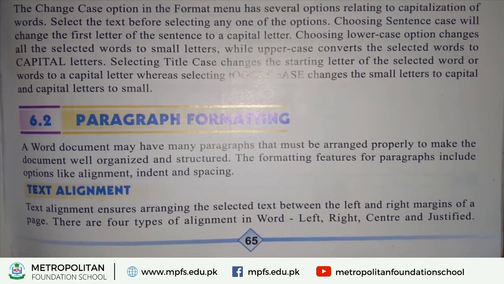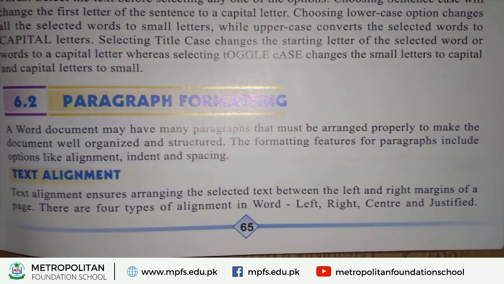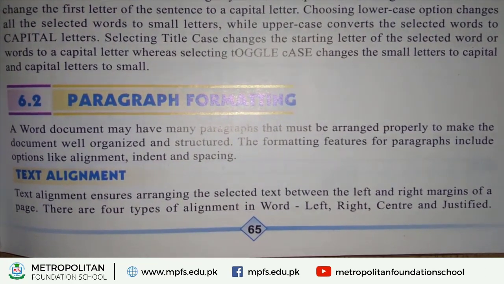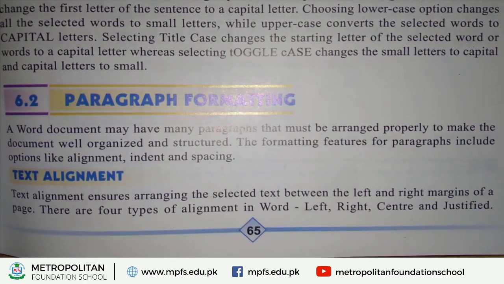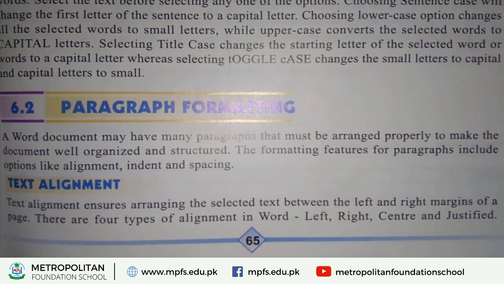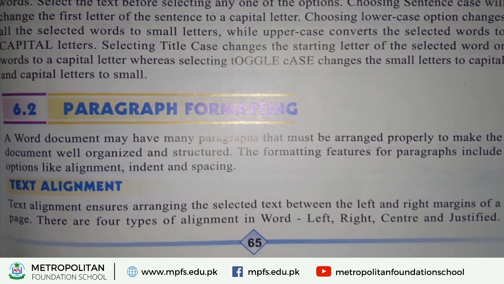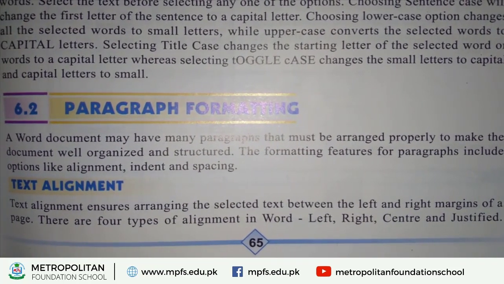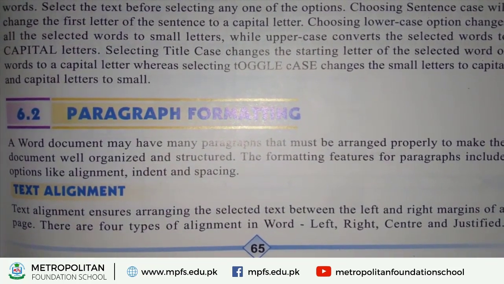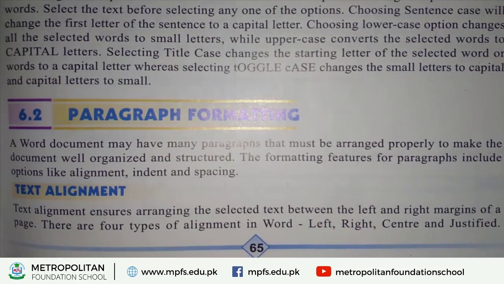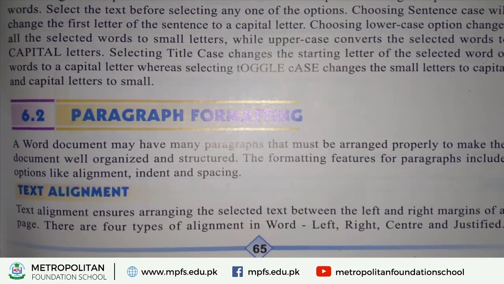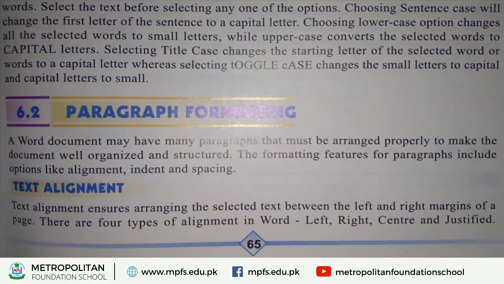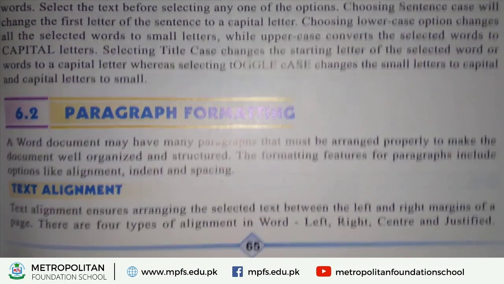The formatting features for paragraphs include options like alignment and spacing. Text alignment. Text alignment ensures the arrangement of the selected text between the left and right margin of the page. There are 4 types of alignment in Word: left, right, center, and justify.